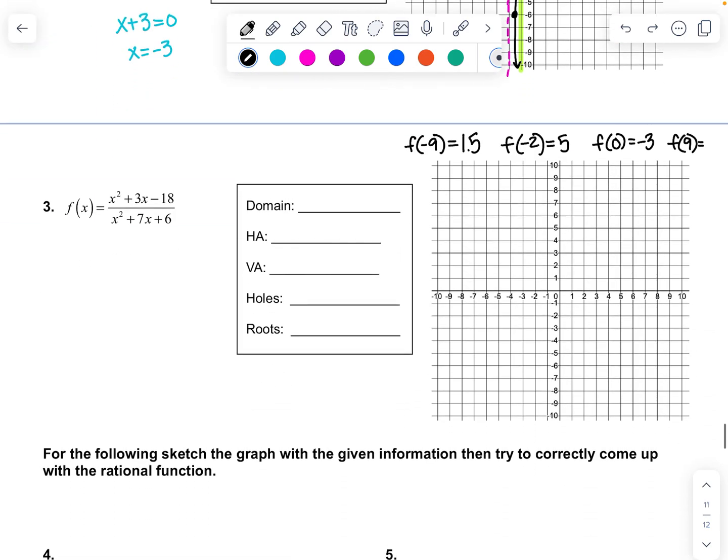Okay, one more graph together, and then we will look at going in reverse for our last couple examples. All right, I'm going to factor everything first.